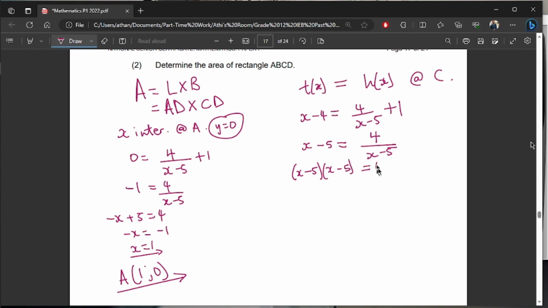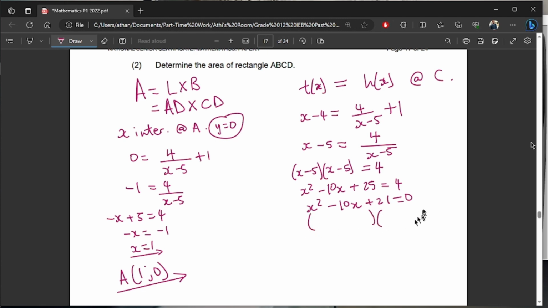So we have to FOIL here. This is x squared minus 10x plus 25 is equal to 4. Then I'm going to take the 4 to the other side. 25 minus 4 is 21. It's equal to 0.